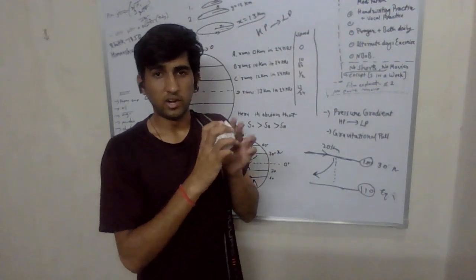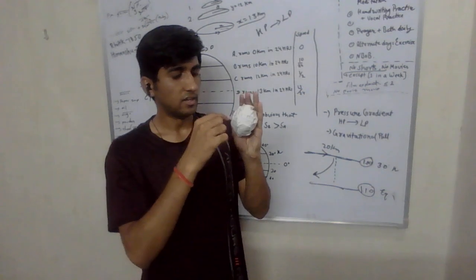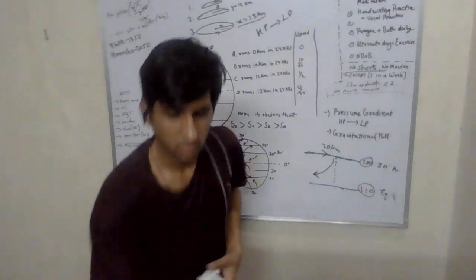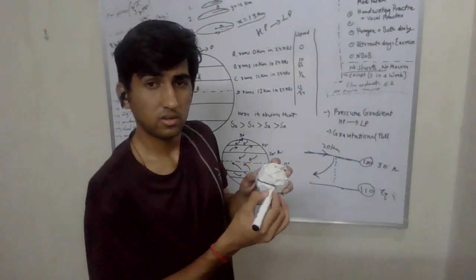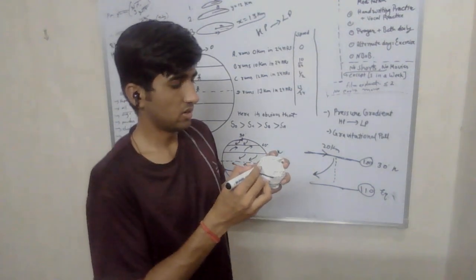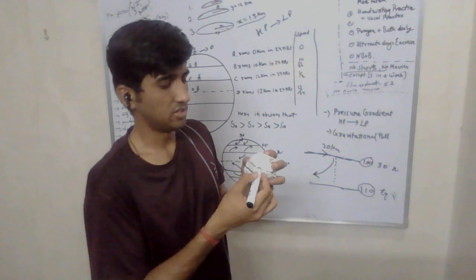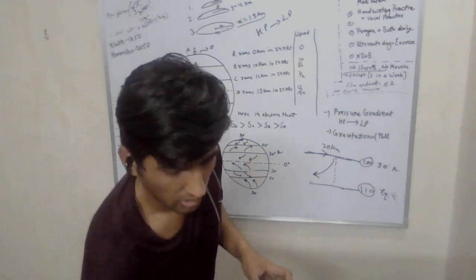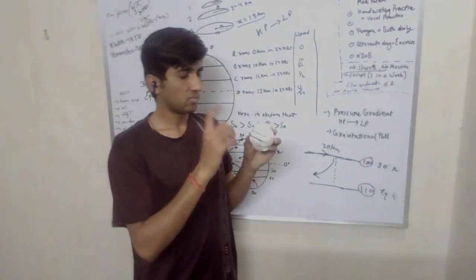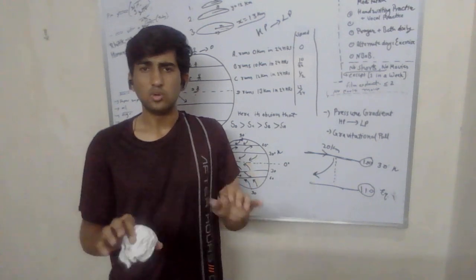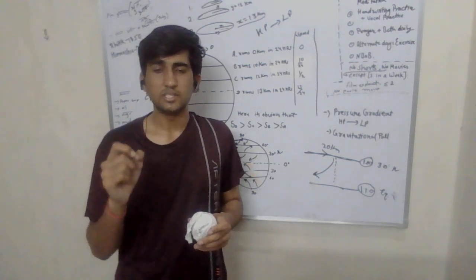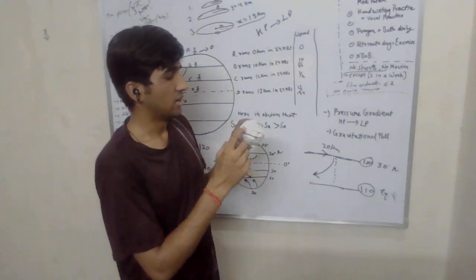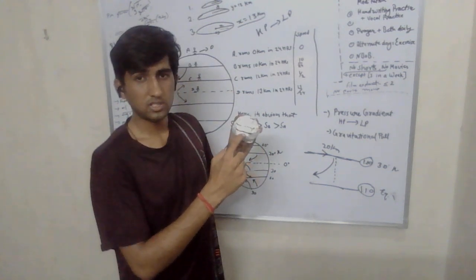This is our earth, right? And this is our equator. This is our 30-degree latitude. Okay. Now what I want to convey is that, let us suppose there is no pressure gradient on earth. Everywhere the pressure is same. Now the pressure at this point is same, this point is same.